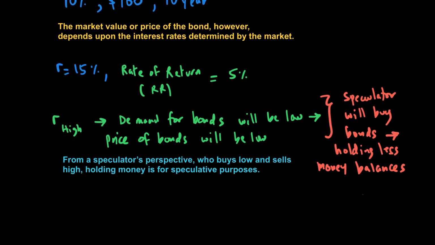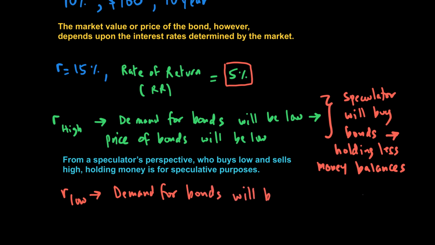Similarly, let's talk about when the interest rates are low. Let's say interest rates are, for example, 2%, and your bond is still giving you 5% return. Then we can say that demand for bonds will be high.